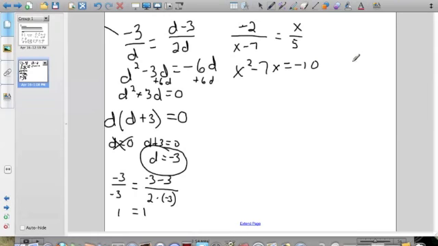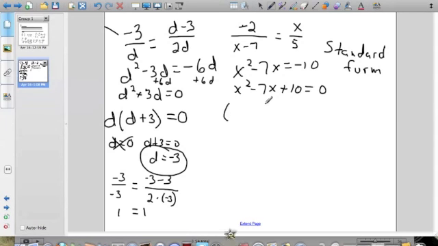Now, standard form is the key. So let's put it into standard. All right, in all cases, we're going to put it in the standard form, set it equal to 0. So I end up with x squared minus 7x plus 10 is equal to 0. Now I'm going to look to factor.